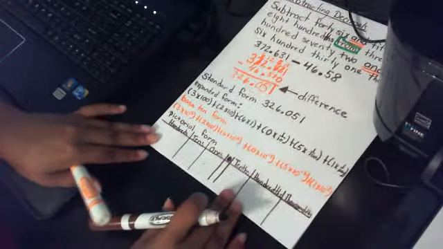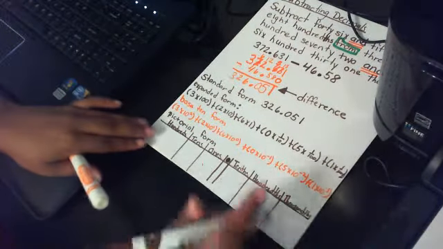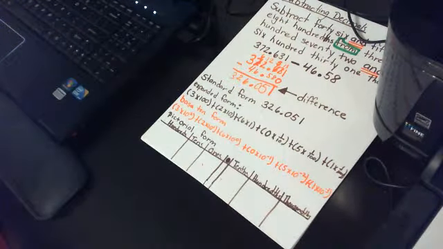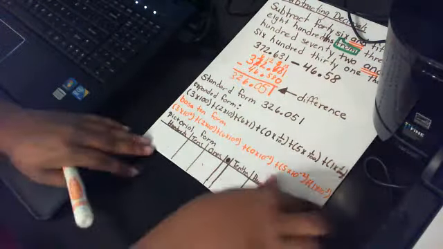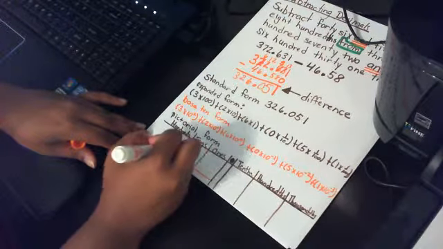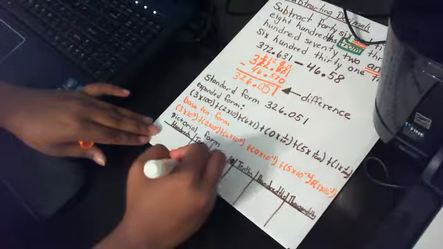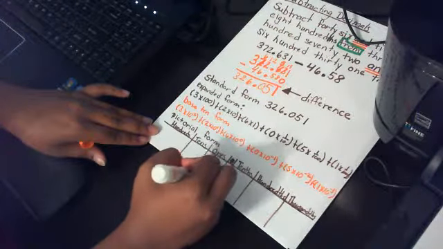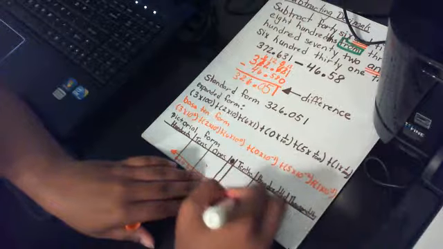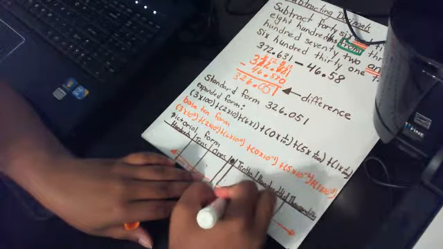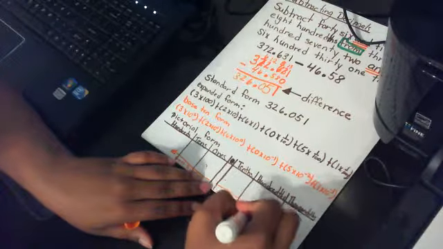All right, so this is where we are. Now we're going to put our little hint right here so we know this way gets bigger, and as we go this way, it gets smaller.